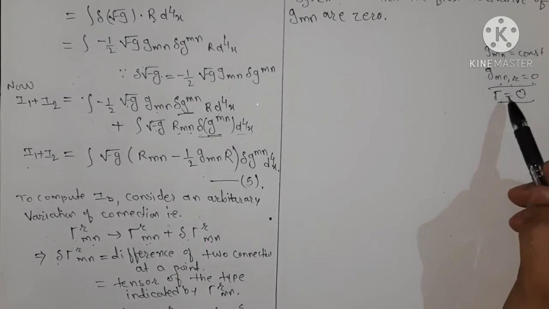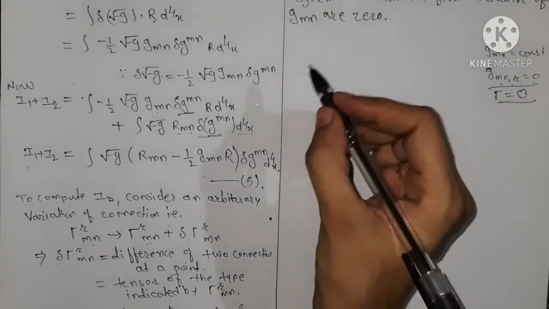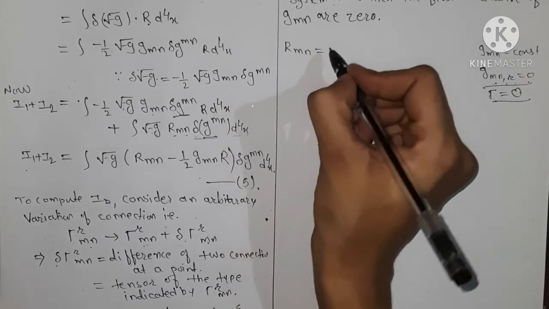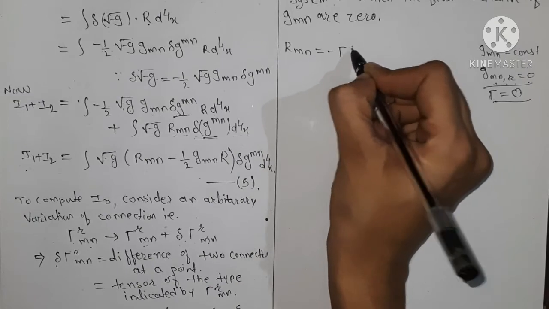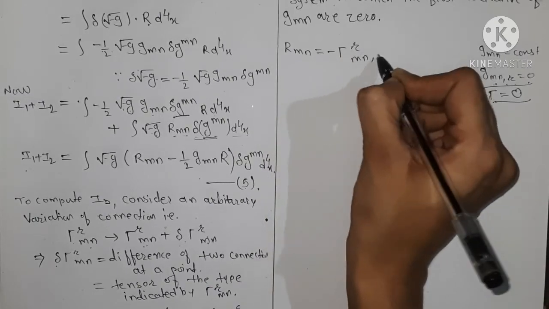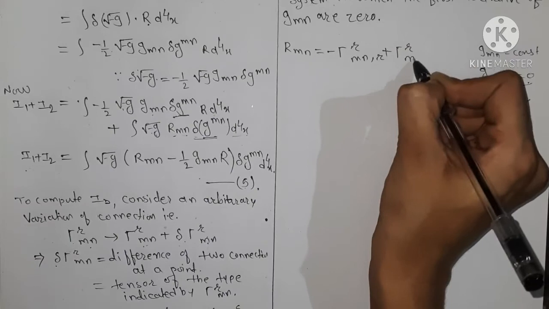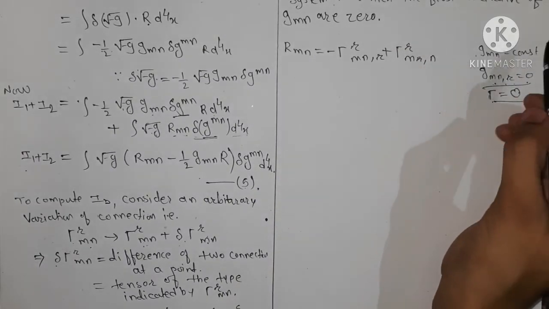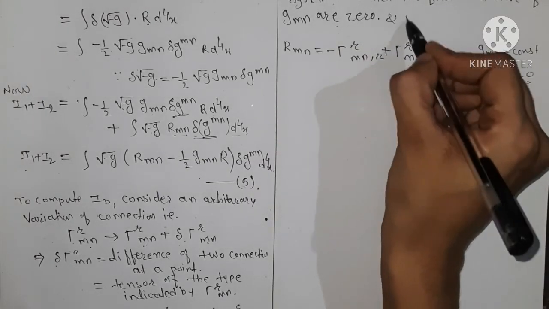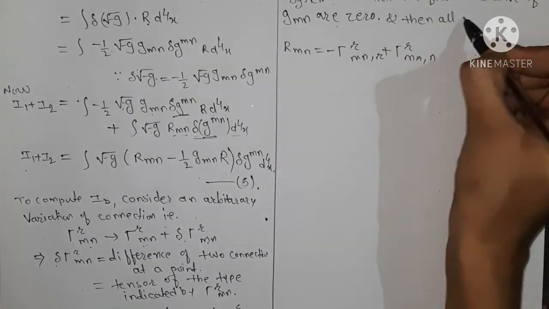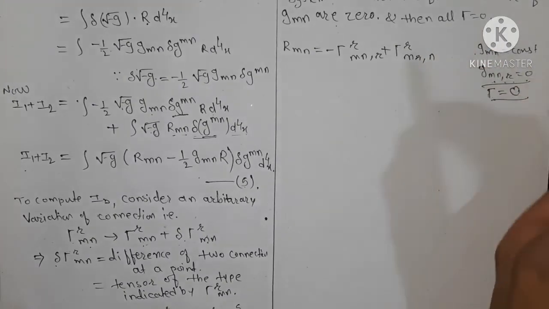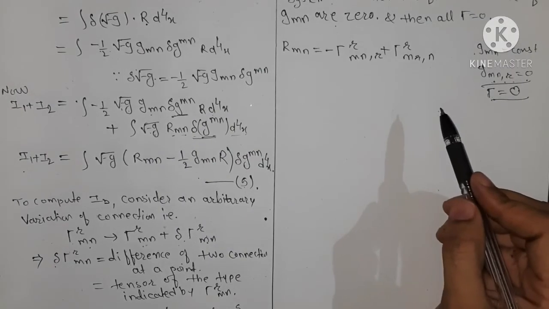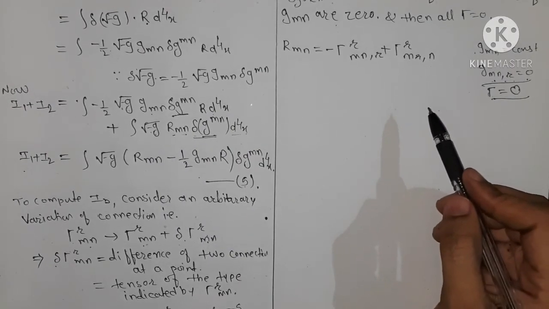Okay, so this implies R_mn is in the form R_mn equals minus gamma^r_mn comma r plus gamma^r_mr comma n. All other terms are 0, since the derivatives of g_mn are 0 and all gamma equal 0. Also all the covariant derivatives become partial derivatives.